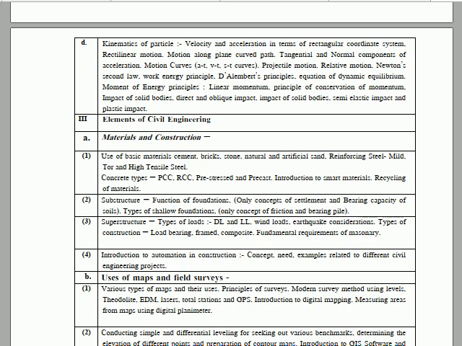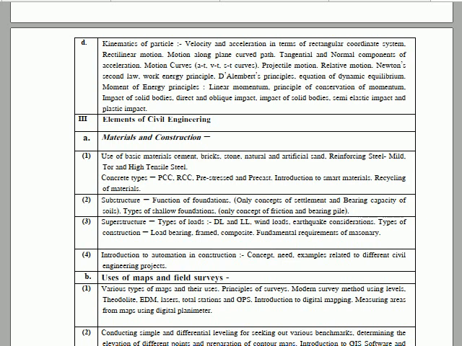The next is the substructure, which consists of the foundation, bearing capacity, shallow foundation, pile foundation. The next is superstructure, that is types of load: dead load, live load, wind load, earthquake.